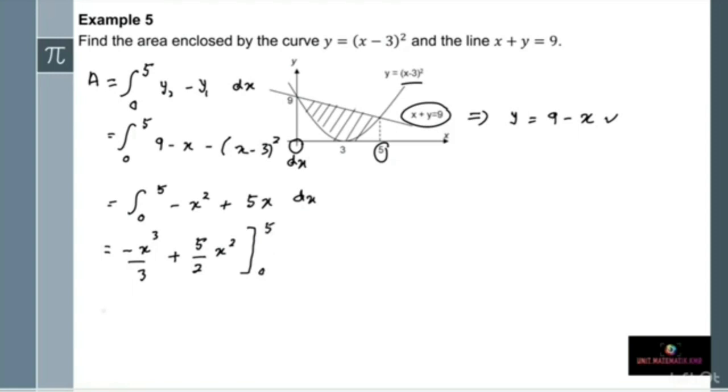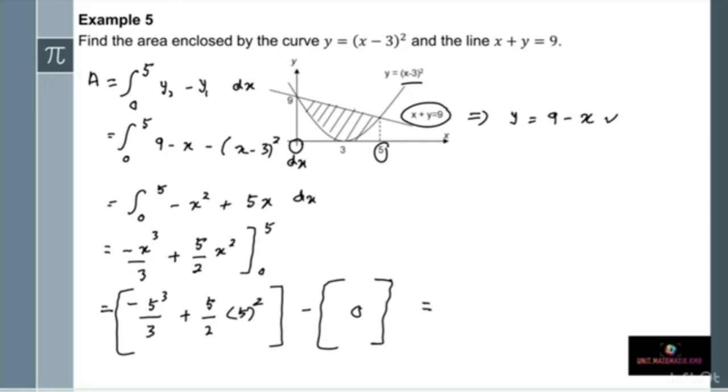Next we substitute: negative 5 cubed over 3 plus 5 over 2 times 5 squared, minus the same function at 0, which gives 0.